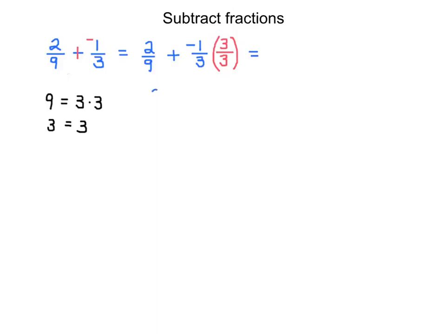So this becomes 2/9 plus negative 1 times 3, which is a negative 3, and in the denominator, 3 times 3 is 9. So now we have common denominators. They're both 9, so we can add these together under the common denominator of 9. And in the numerator, we have 2 plus a negative 3.